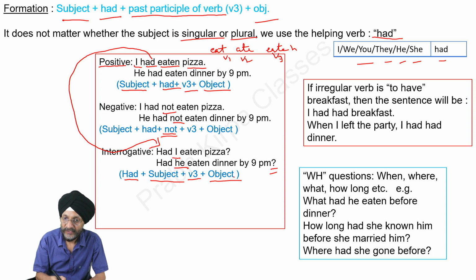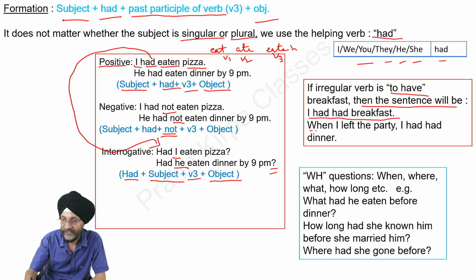Please note that in all these sentences, the third form of the verb has been used. We are not to opt for the first form of the verb or the second form. No. In all cases, we are to use the third form of the verb. If the irregular verb is to have breakfast, then the sentence will be I had breakfast.